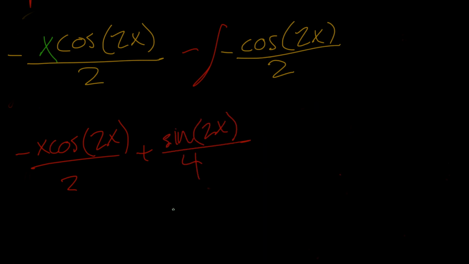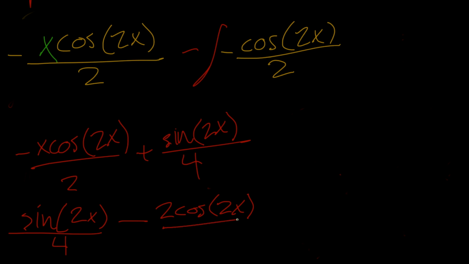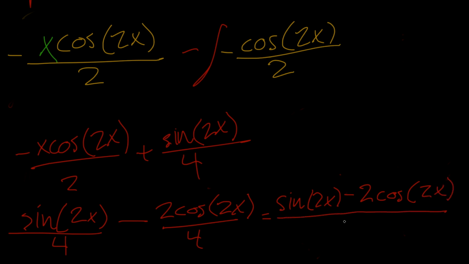You could simplify this further if you need to by multiplying this side's top and bottom by 2, so that you get the sine of 2x over 4, minus 2 cosine 2x divided by 4, and then you can combine those together because they have a common denominator into sine 2x minus 2 cosine 2x, all divided by 4.